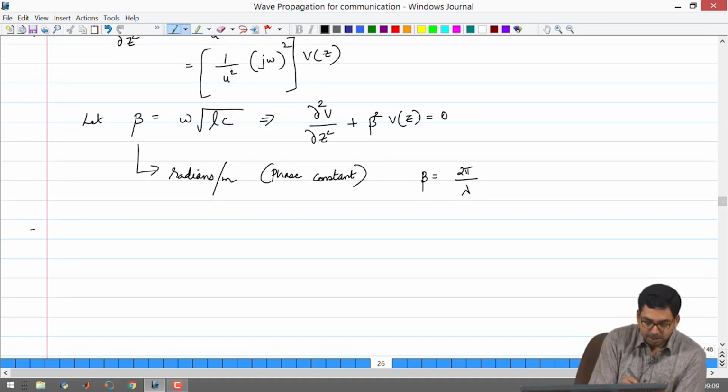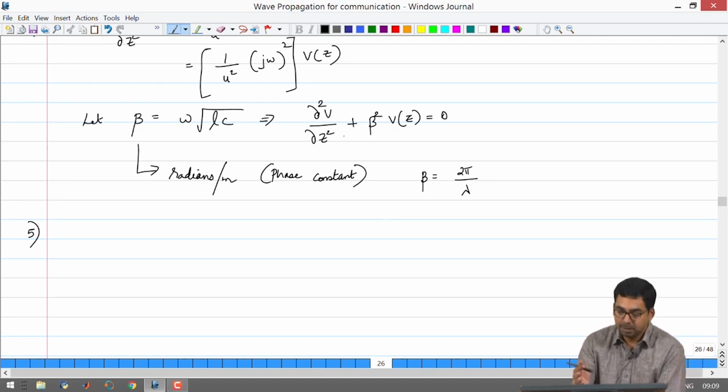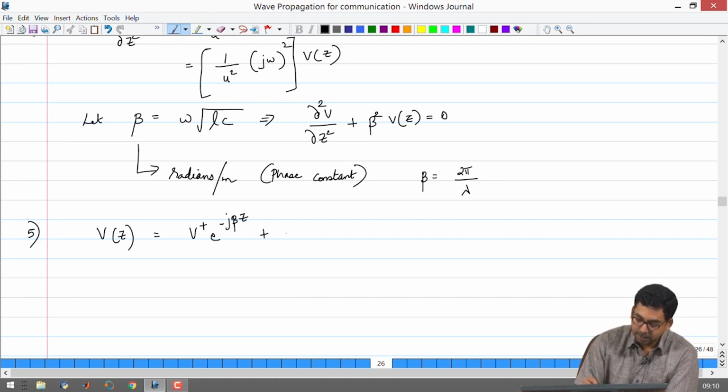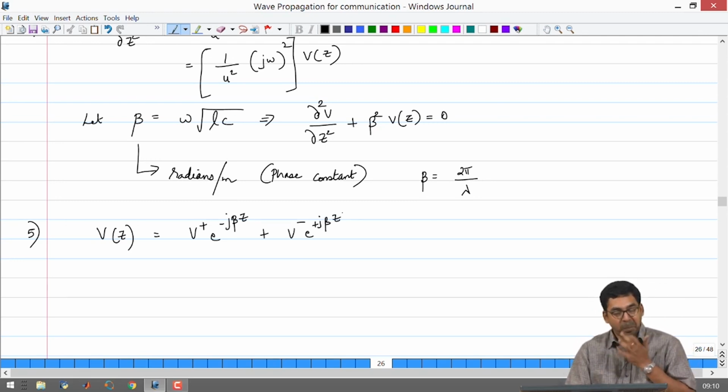Now, once we have written our wave equation in a slightly simpler form, removing the time harmonic part and writing only the spatial part, we can always write down the general solution to be V(z) = V⁺ e^(−jβz) + V⁻ e^(+jβz).